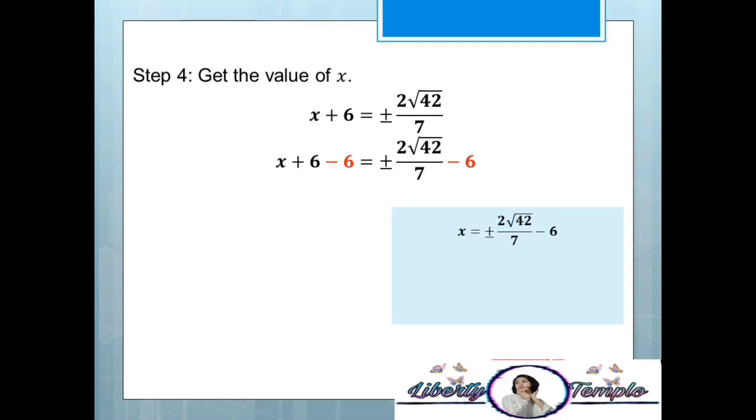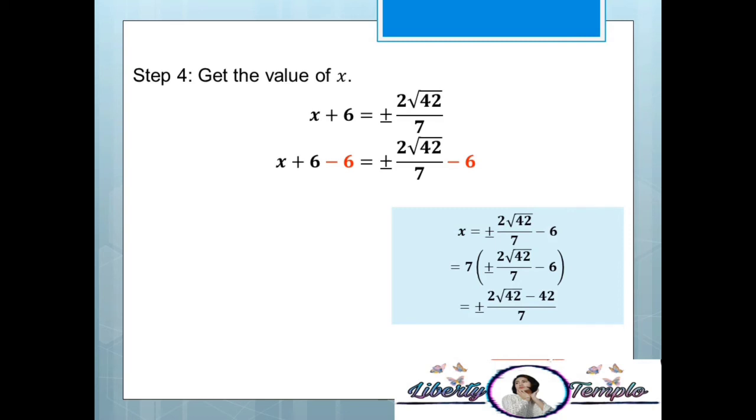So, what we did is, we need to multiply 7 on our expression. So we have 7 times positive negative 2 square root of 42 all over 7 minus 6.